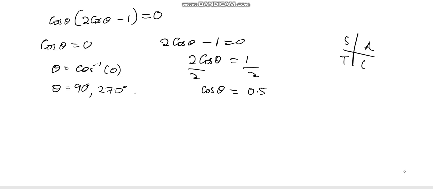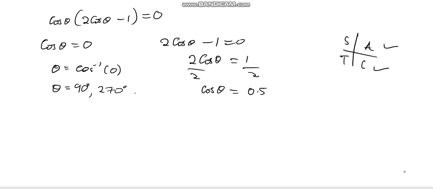So if the cosine function is equated to a positive number, our solutions for theta come from the quadrants where this function is positive. The cosine function is positive in the fourth quadrant and the first quadrant.